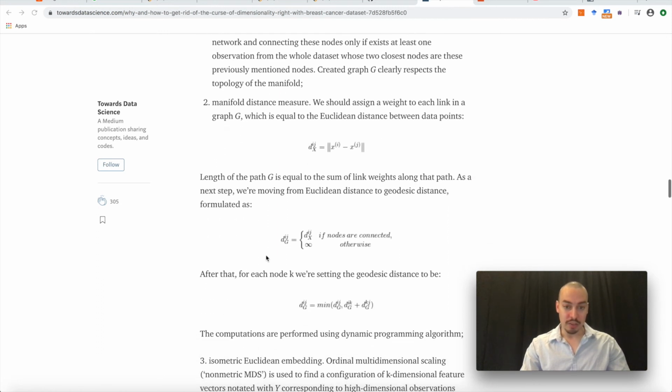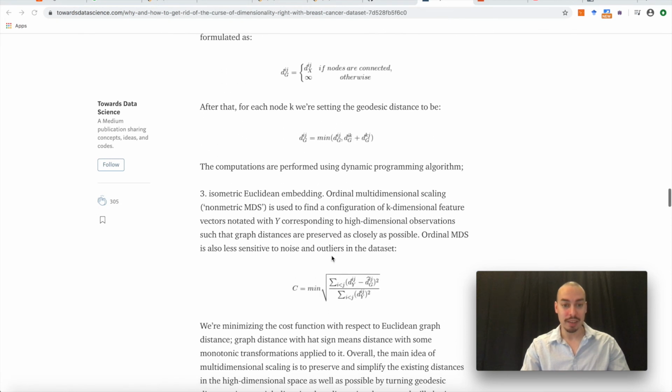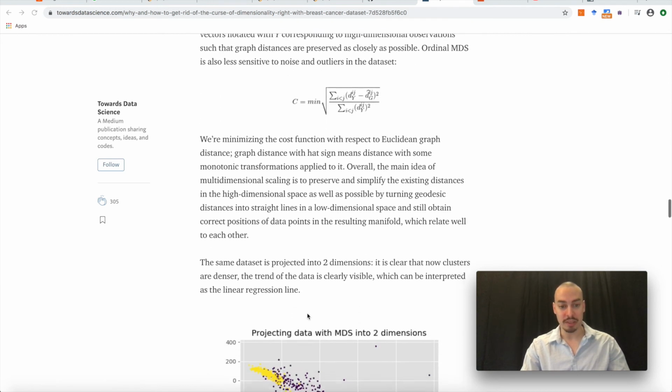Your distance measure is either the distance between the points if you are connected, or infinite otherwise. Then you update your geodesic distance, and then you embed it into an isometric Euclidean embedding using the formula described here.